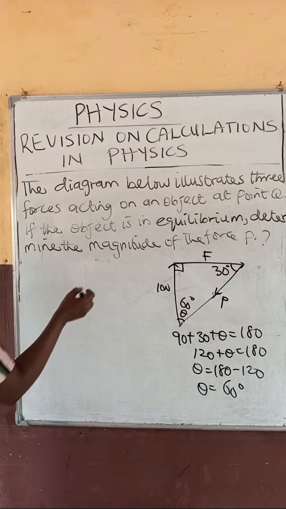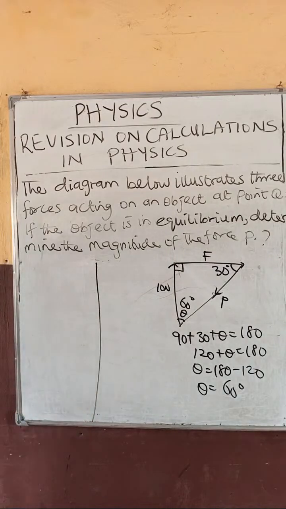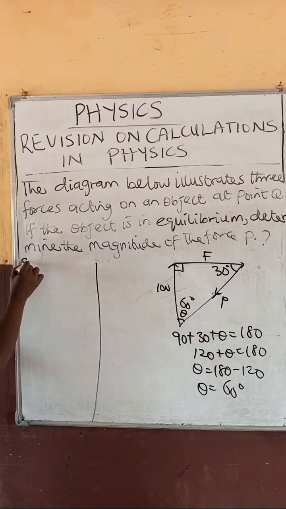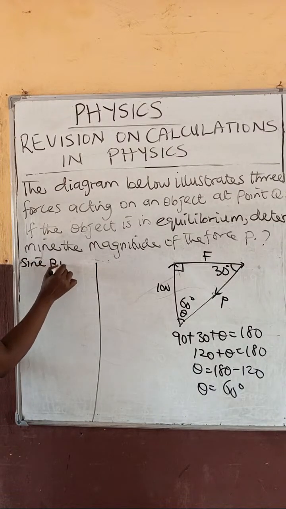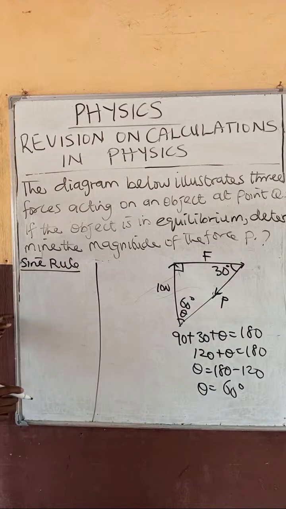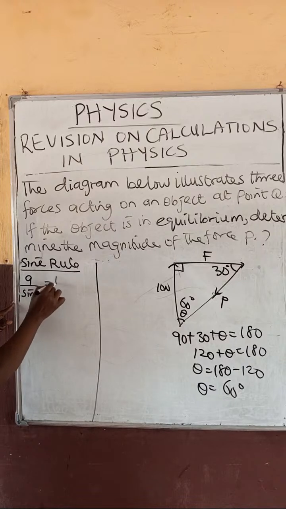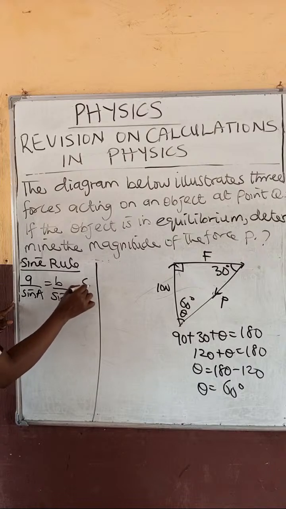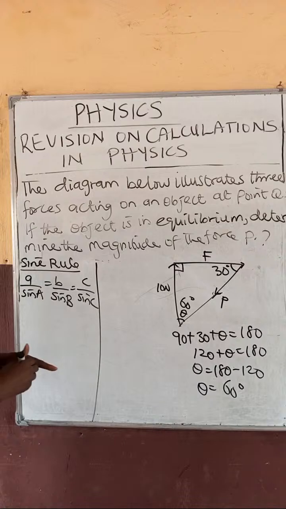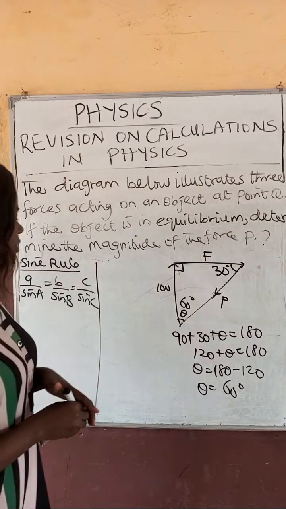So we are going to use sine rule. And sine rule says that a over sine A is equal to b over sine B is equal to c over sine angle C. So going by that, where is my A?